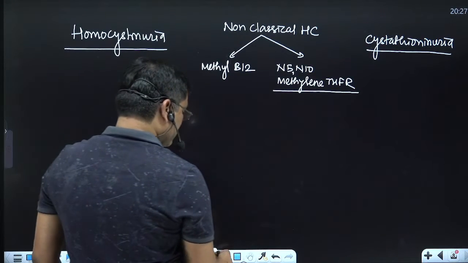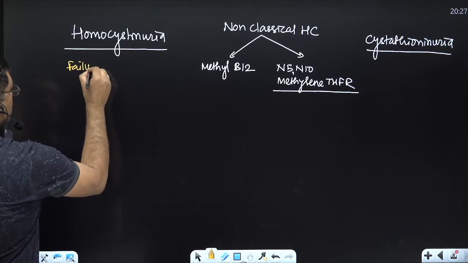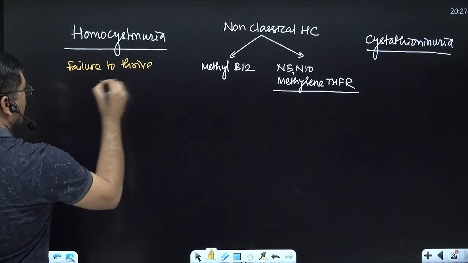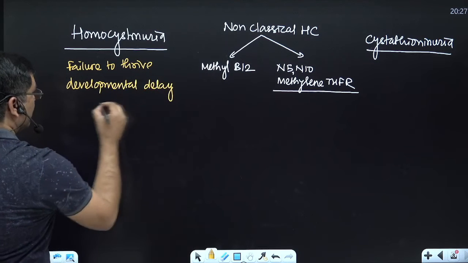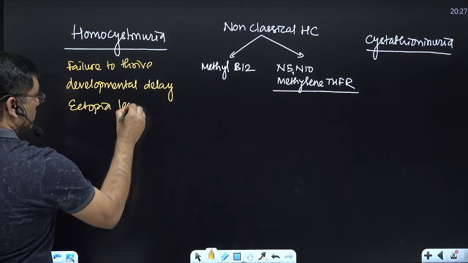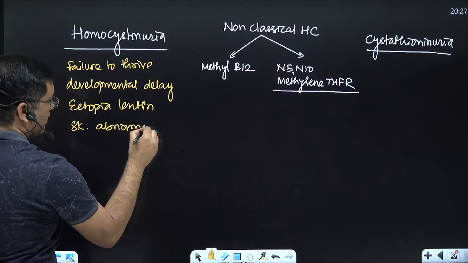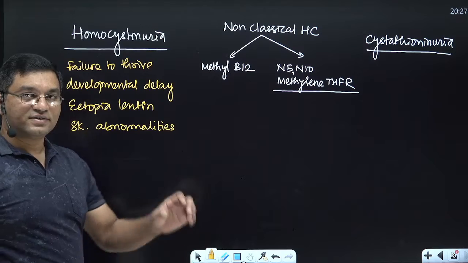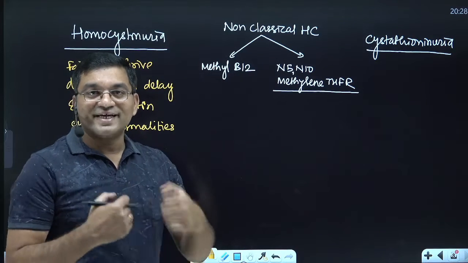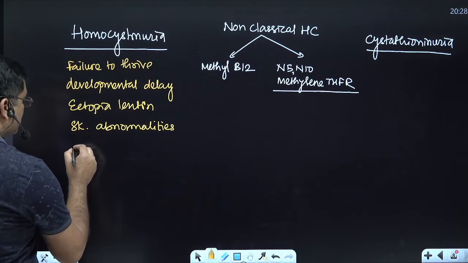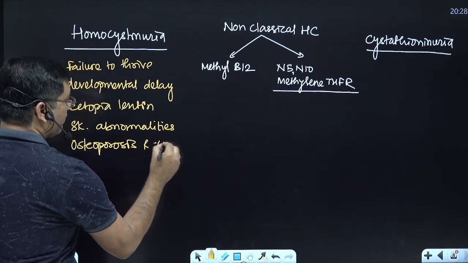In classical homocystinuria, the clinical features are failure to thrive, developmental delay, ectopia lentis, skeletal abnormalities, long digits, tall stature, genu valgum deformity, gait disturbances, then osteoporosis or decreased bone mineral density, and frequent fractures.